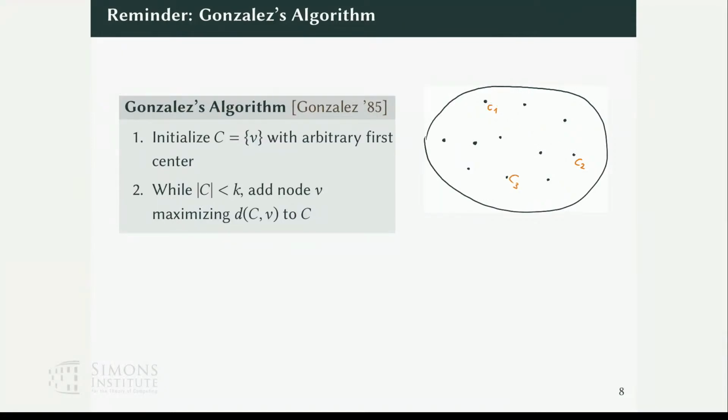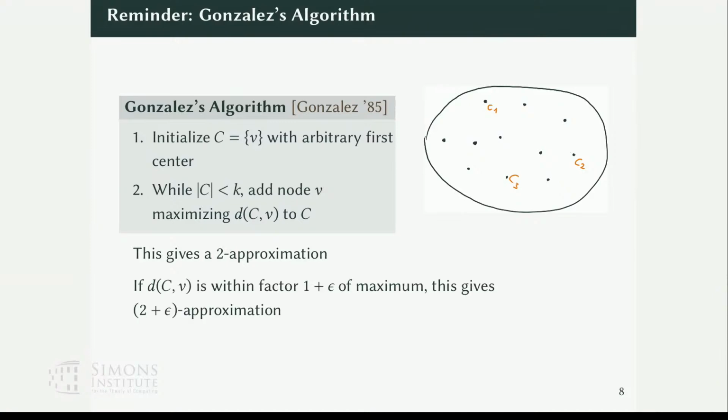Say it's this one, and this will be the third center, right? This is this heuristic. This gives a 2-approximation, and it's somehow not sensitive to the distances being exact. If you only have 1 plus epsilon approximations to this distance, this will give you a 2 plus epsilon approximation. That's what's going to happen.